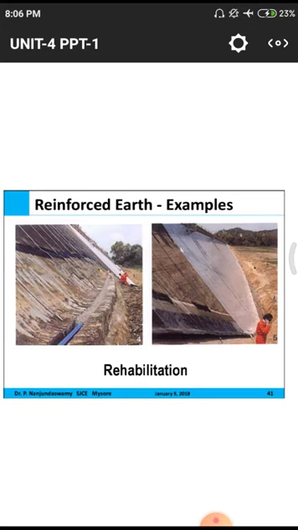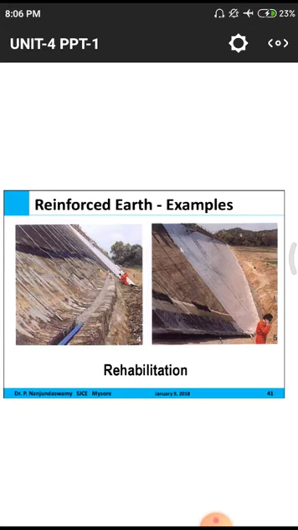What is meant by rehabilitation? Normally the total structure is there, and some part of the structure has some failure, so we need to observe the failed portions and reconstruct them with different engineering principles. That is rehabilitation. Repair means minor cracks.